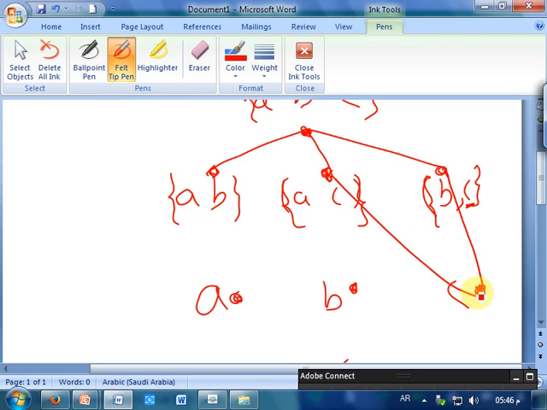Then here we have B, so B with B. Here we have A with A. And B with BC, AB with AC, because you have A. And B with BC because it has B.